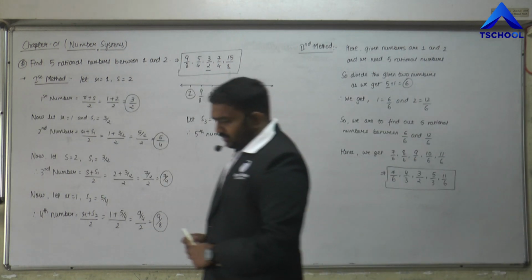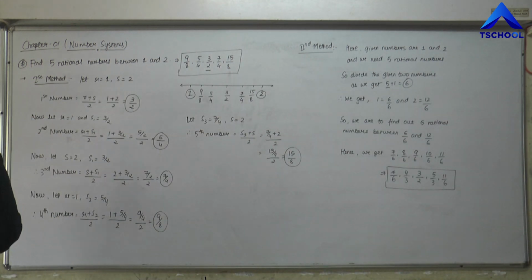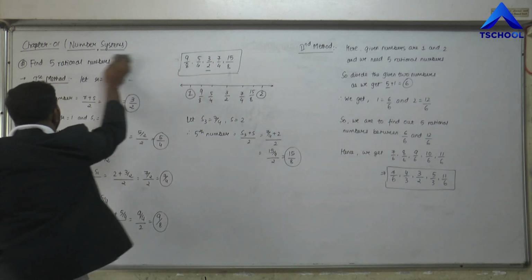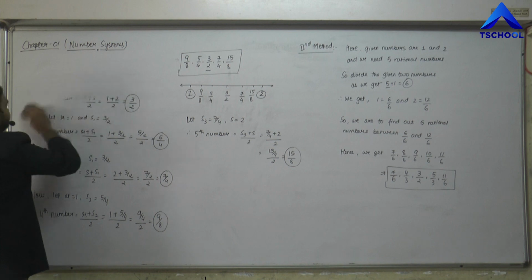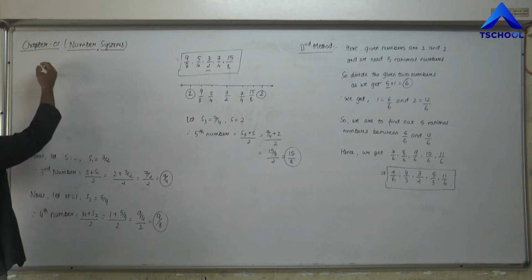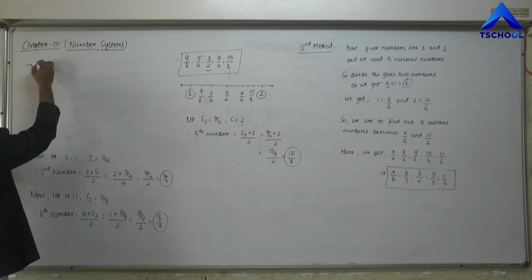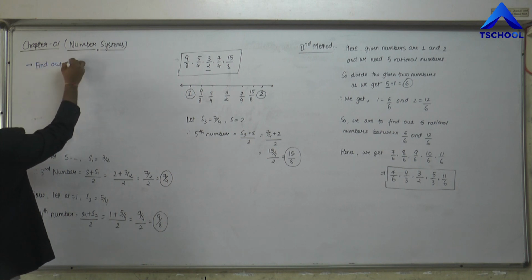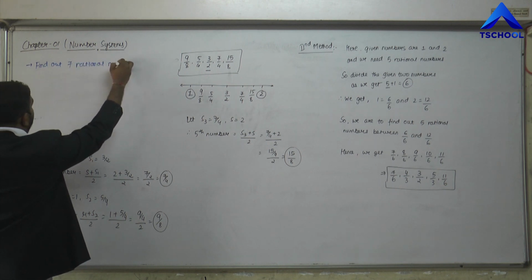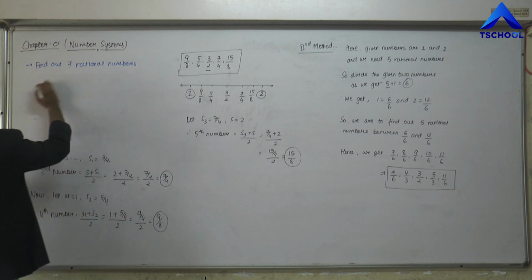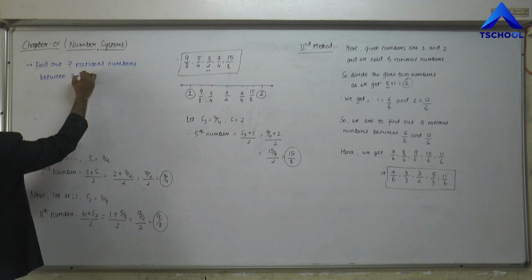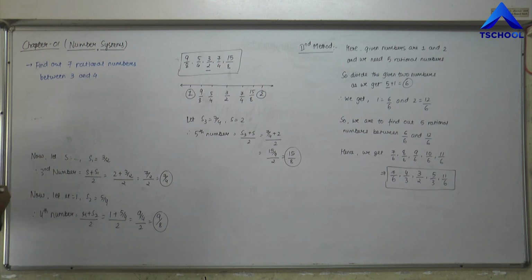Now coming back to this, one more question let me give you to do by yourself, that I need to find 7 rational numbers between 3 and 4, right?